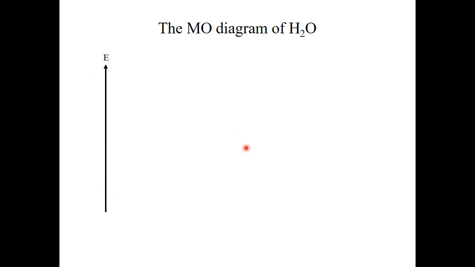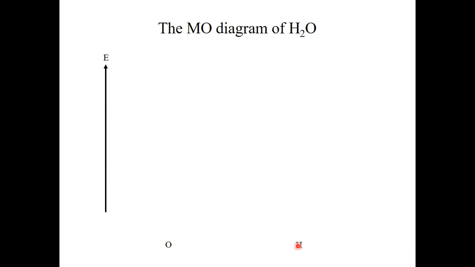In the next step, we write the central atom on the left side and the ligand atoms on the right side. So in our example of the water molecule, that's O and H respectively.